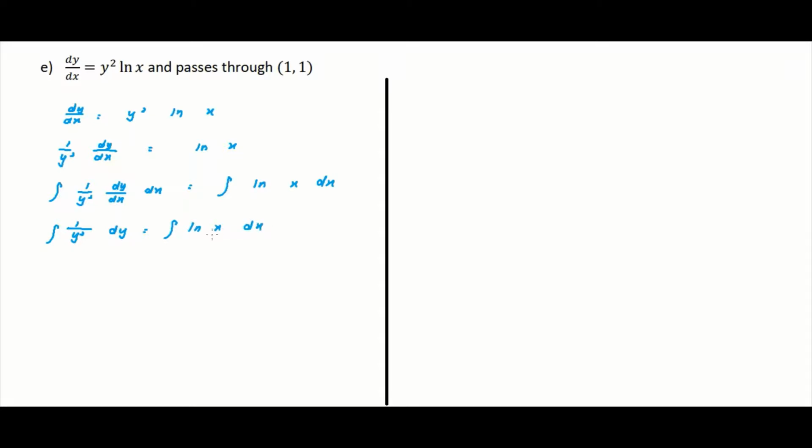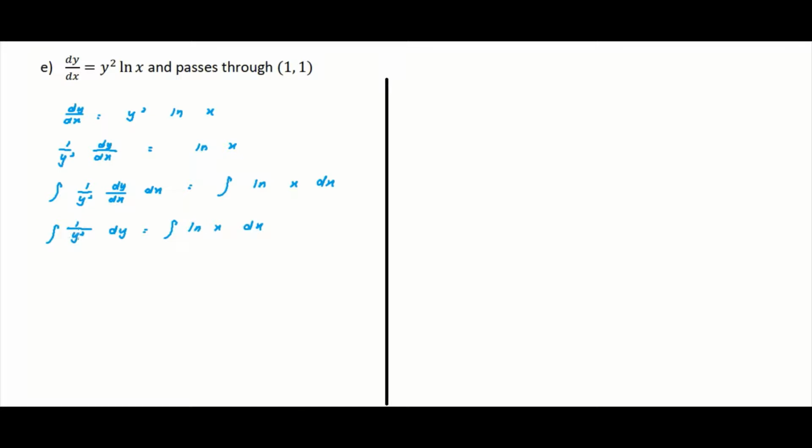I hope that you still remember that previously in our handout we did a question like this, on how to integrate ln x. It's the one that we need to do with integration by parts. That's why you must be very familiar with what you have in your integration.